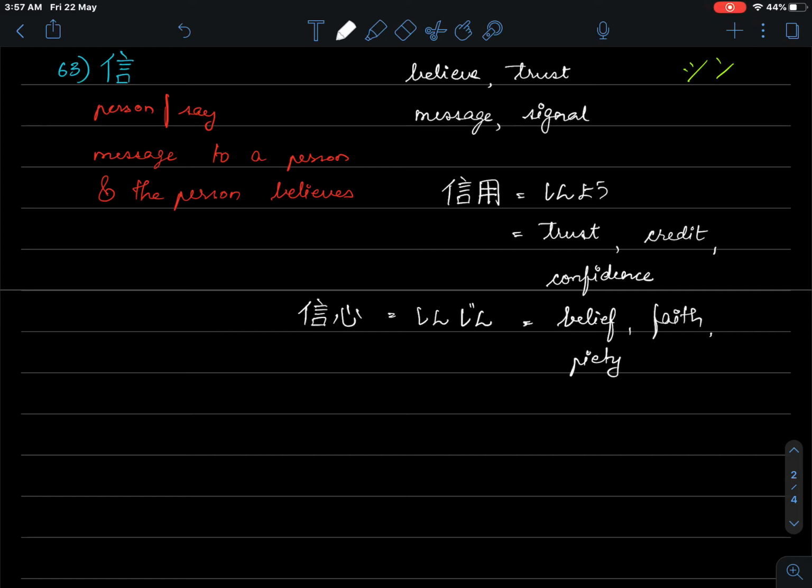So this has a bit of a religious connotation to it. So belief, faith, or piety, you will call it shinjin, which is your trust and your heart. So what you believe in your heart to be true, those kinds of things. Okay. Now let's have a look at one more.